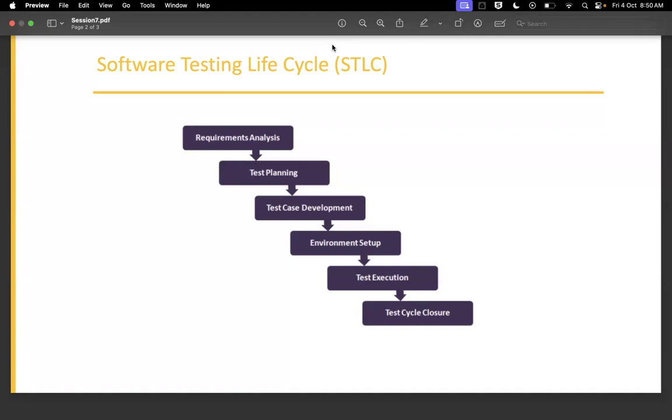Based on those features or modules, you will plan your test, and after that you will create the test cases based on your understanding. Once you have clarity on all the test cases, you will start with the environment setup. What happens in environment setup basically?